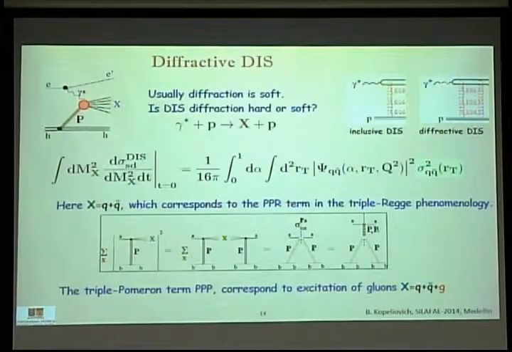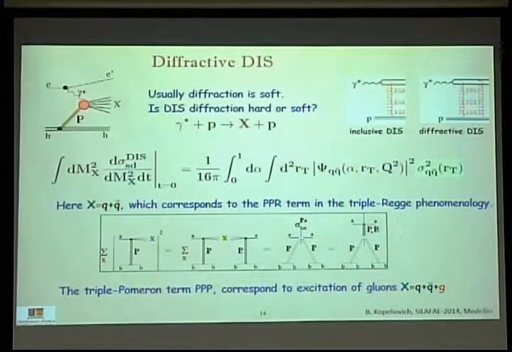One should add also the higher Fock state of the photon, which is QQ bar plus gluon, then in the final state you produce not just QQ bar, but QQ bar plus gluon, and it was not included here.